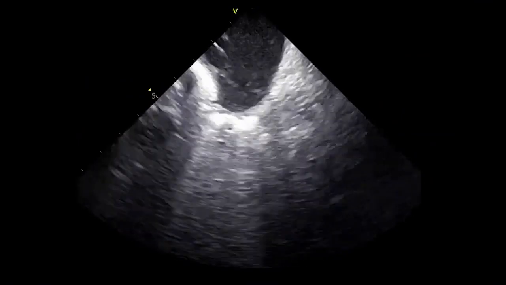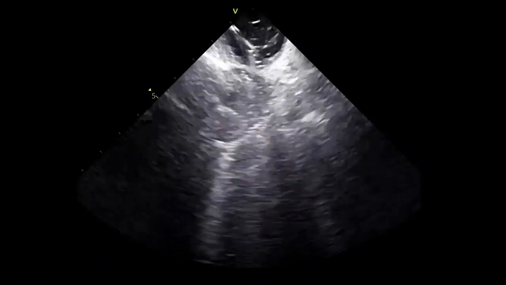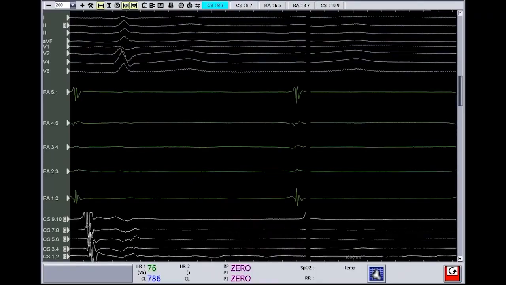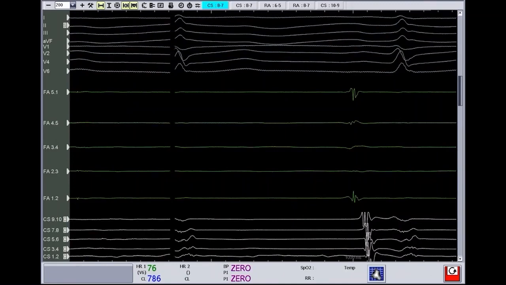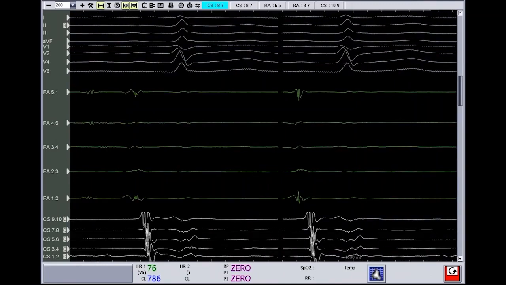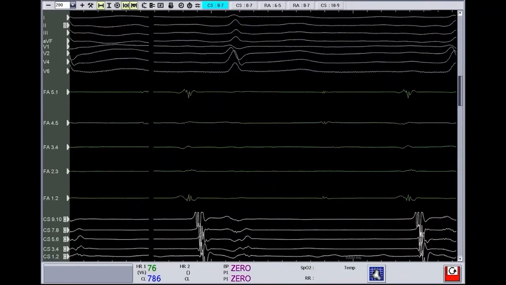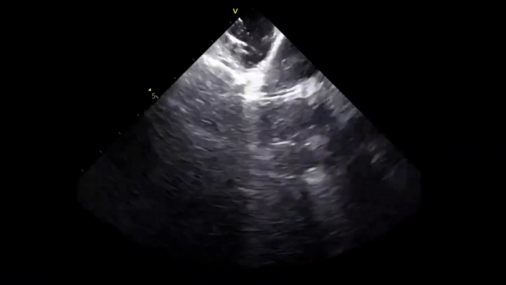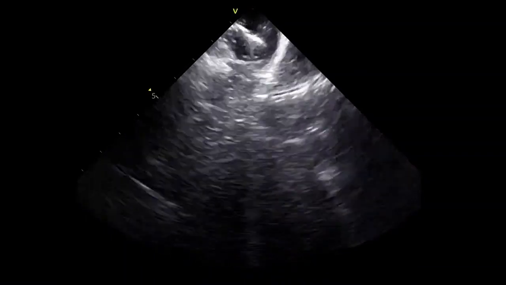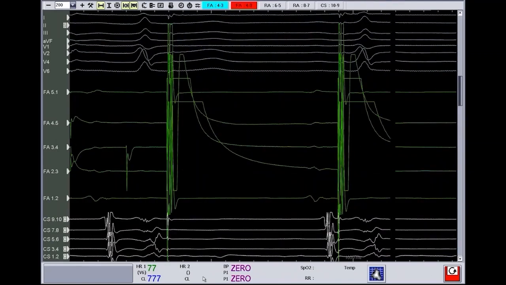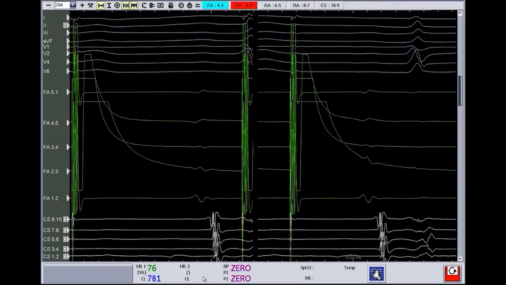This is cannulation of right inferior PV. Note the presence of dissociated activity within the vein. Then the catheter is moved towards right superior PV and isolation of the vein and exit blocks are checked.